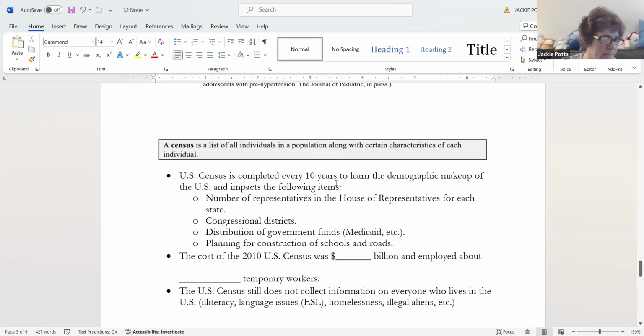Census. I wrote this down, and you think I forgot it? I looked up the value because 2010 is kind of getting a little old.